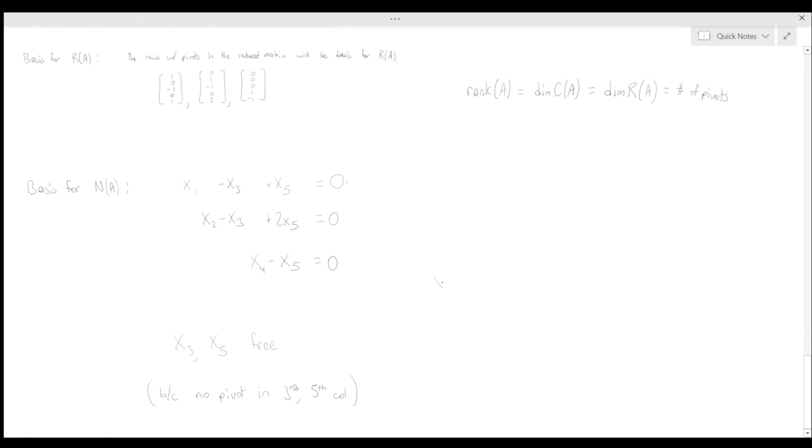What I usually do is assign a parameter to each free variable.